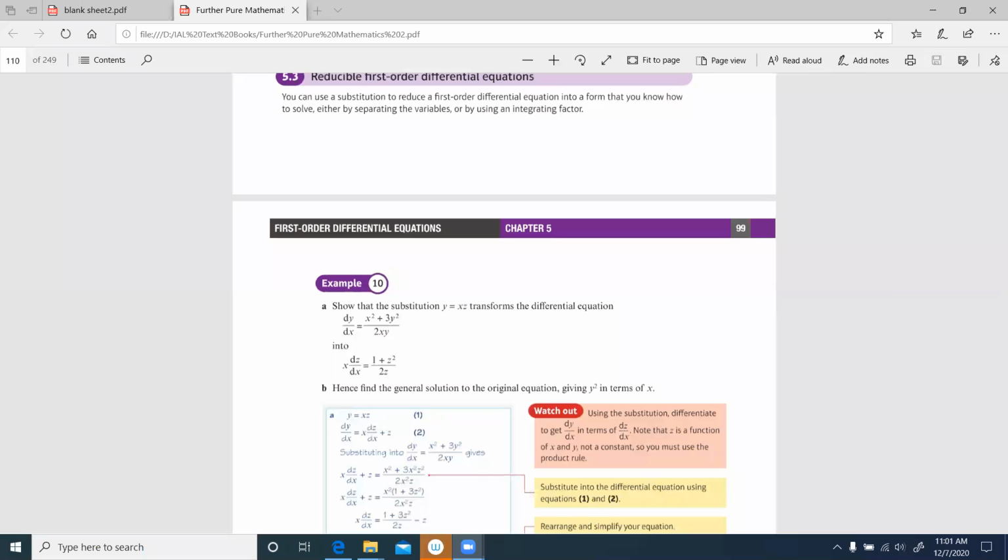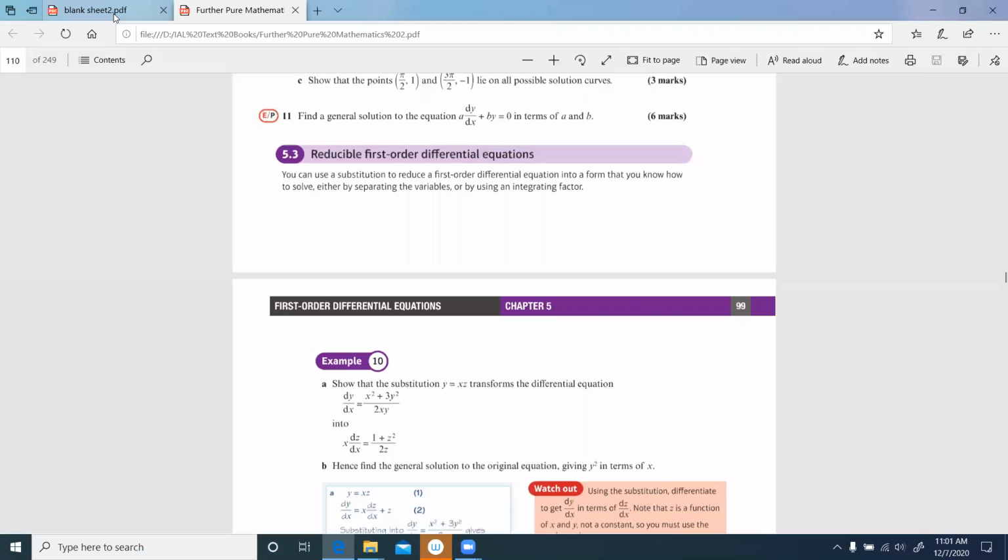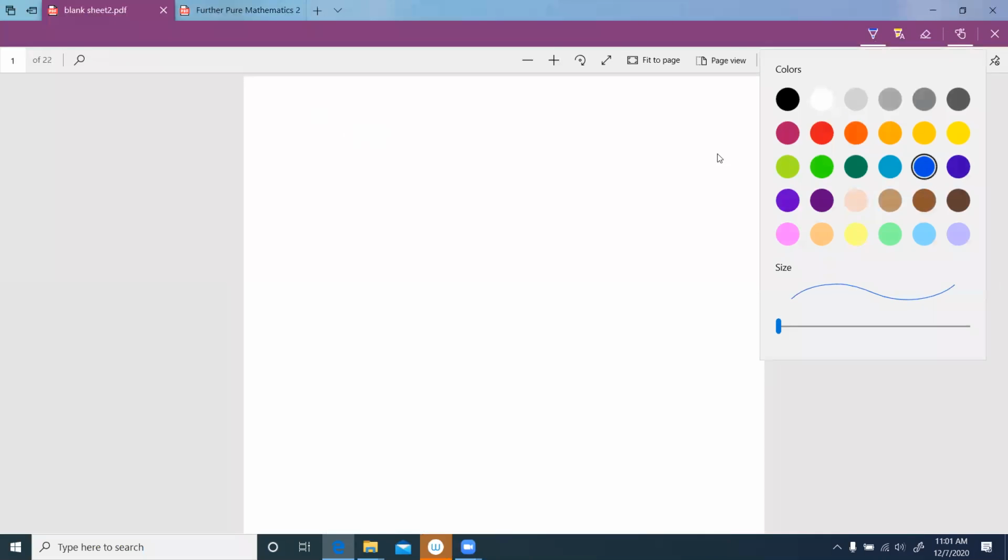Today our topic is to learn about reducible first order differential equations. Right. Okay. So over here we are starting with reducible differential equations.